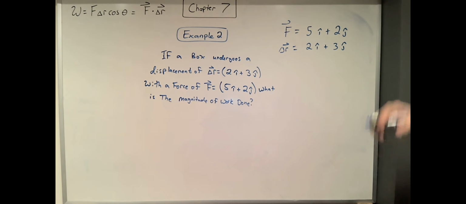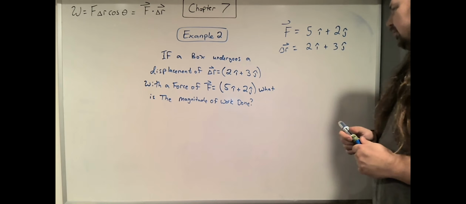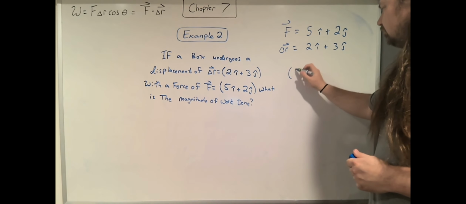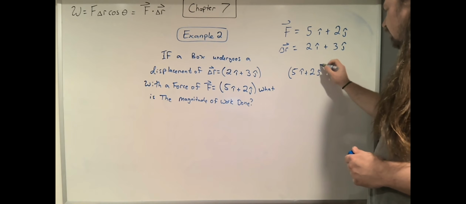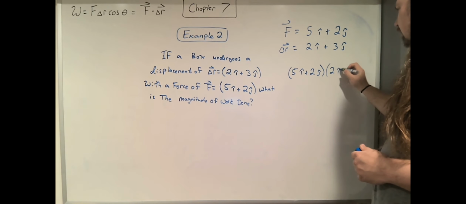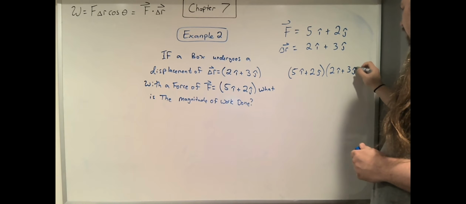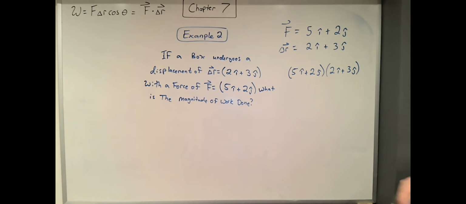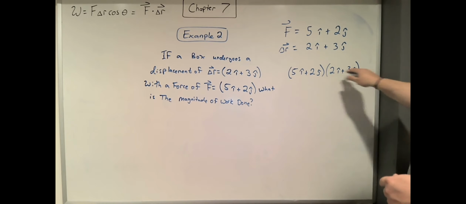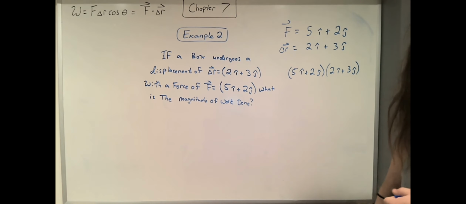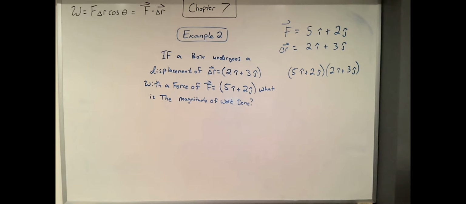For dot product, all you want is like-minded things getting multiplied together. You can also think of it like this, where it's the two vectors multiplied together. Writing it either way doesn't matter, as long as you know what you're doing and the steps you need to take.